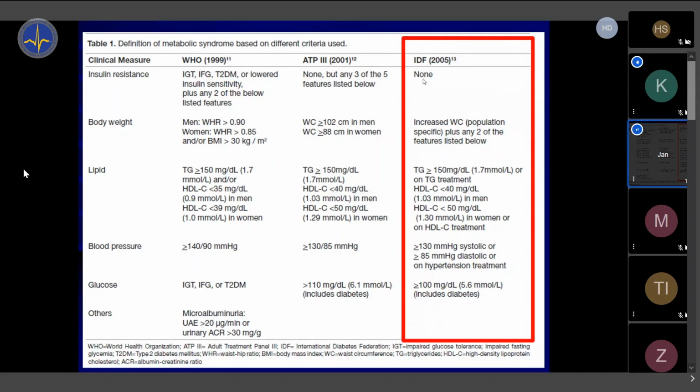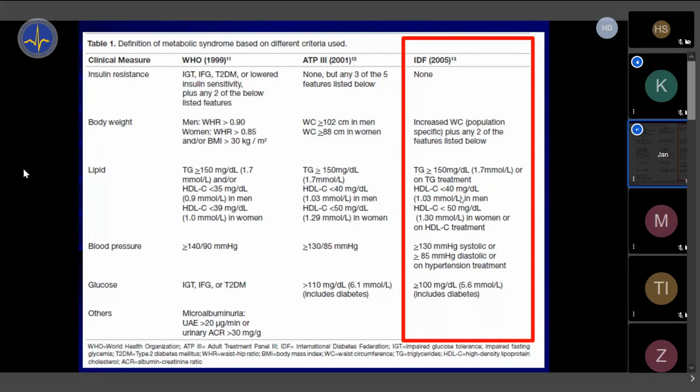What are the measures? But increased waist circumference, abdominal obesity, in other words, I will explain in a second, needs to be present for someone to be classified as having metabolic syndrome. And then two of the other features which are listed below, which means higher triglycerides, low HDL, higher blood pressure, or higher glucose than normal, or treatment for these disorders.